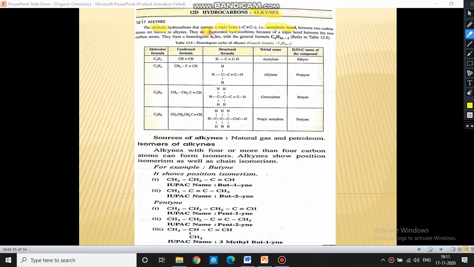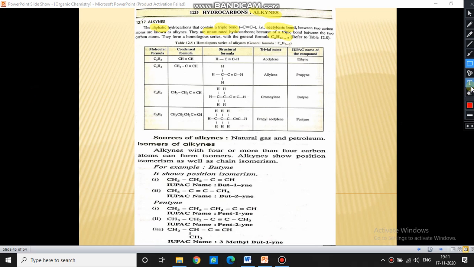They are also unsaturated hydrocarbons, and they have the general formula CnH2n minus 2. So, what are the important things that you should know while defining alkynes?